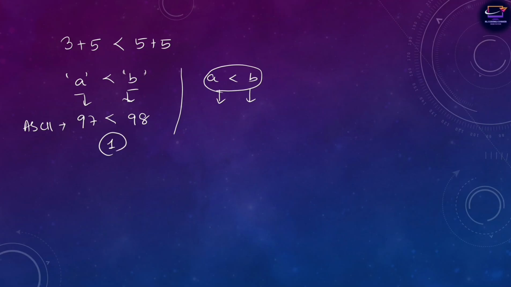But you cannot compare strings using these operators. Like I cannot write "Raj" within double quotation less than "coding" within double quotation. These are strings, sequences of characters enclosed within double quotes. Why so? Because when you compare like this, it will compare the addresses.